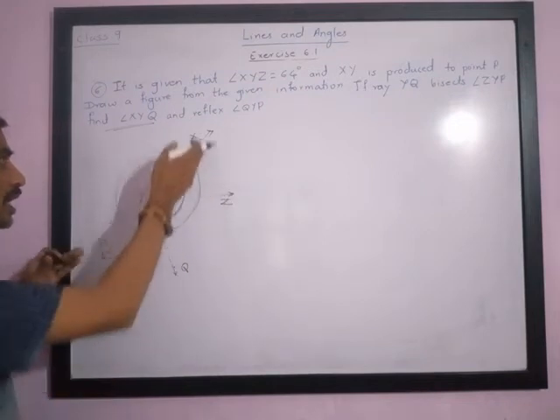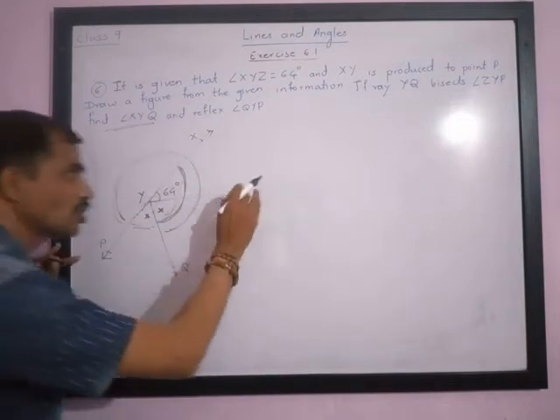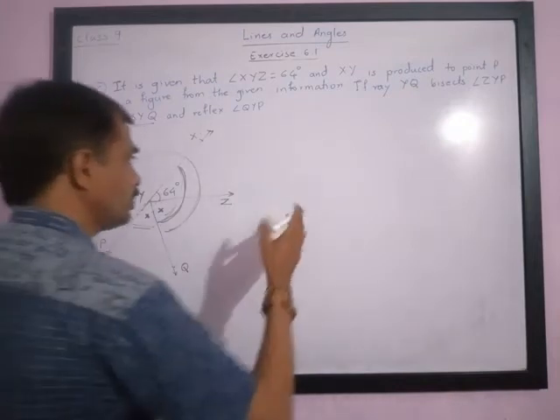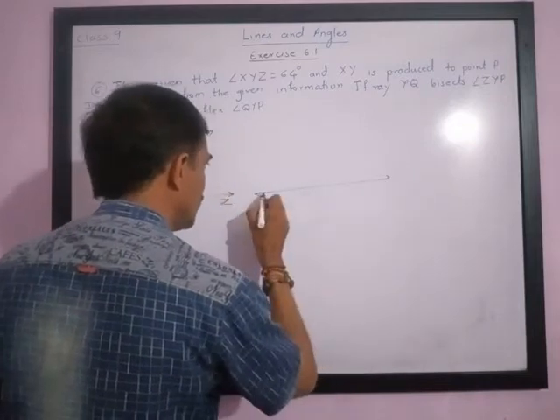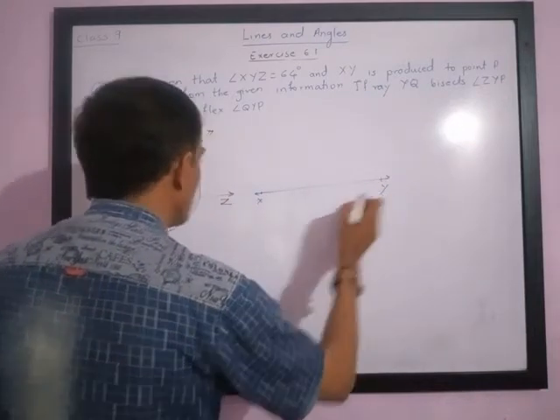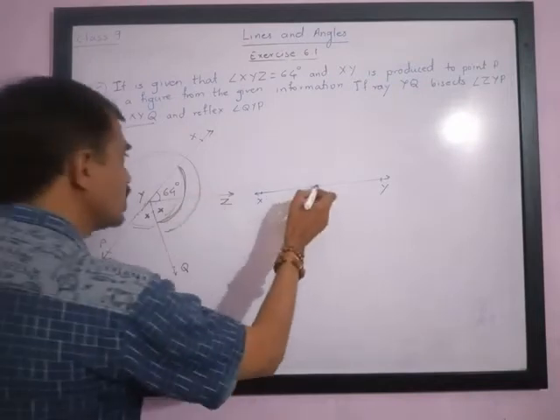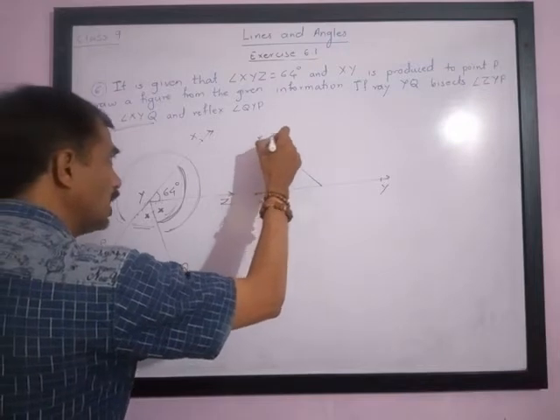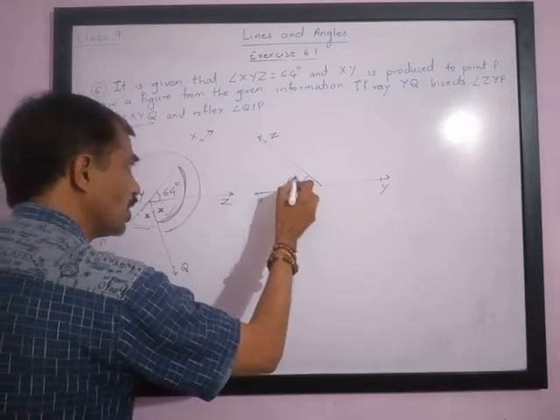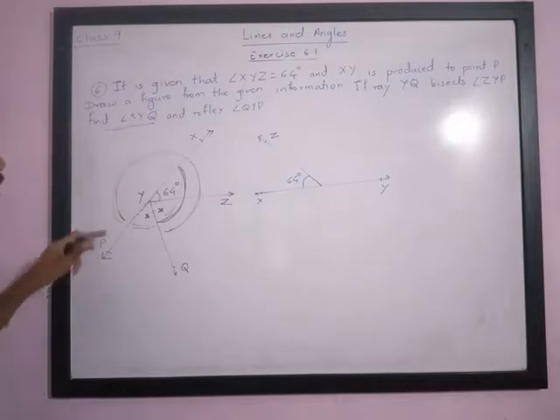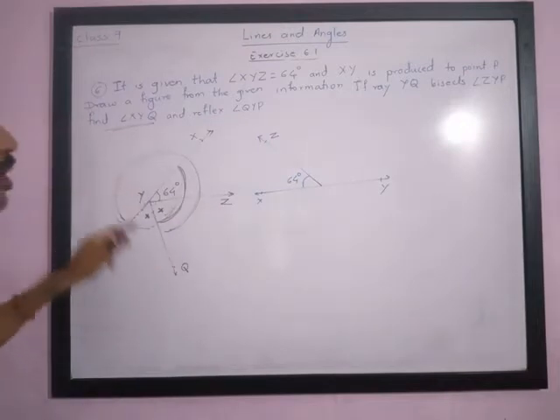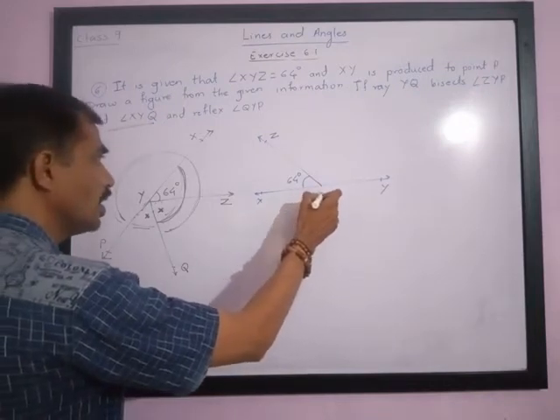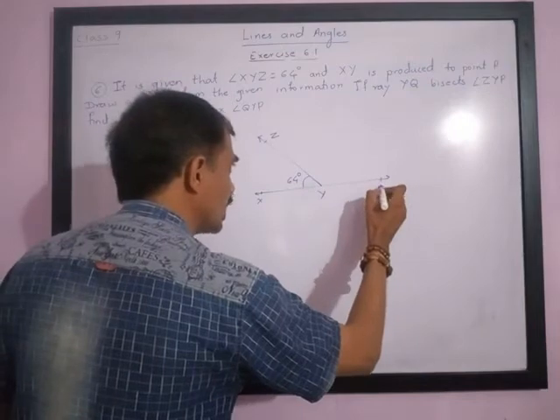Now I am changing this figure just for your understanding. Instead of taking the XY line like this, I will take the XY line horizontal. This is the XY line, and XYZ is 64 degrees, so I am taking XYZ on this side. This angle is 64 degrees. Then XP is the line, please note.